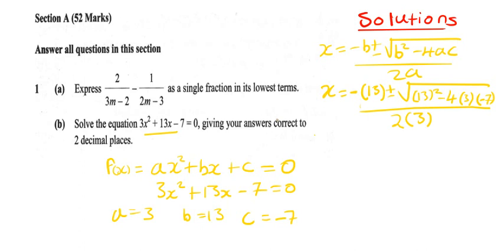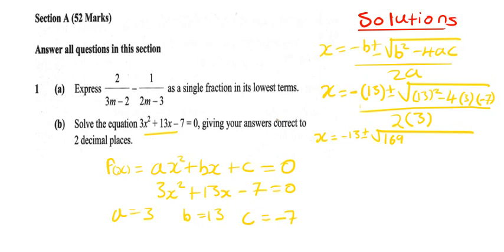In short, you say x is equal to negative times 13, it is negative 13, positive or negative the root of what? 13 squared. So you can grab your calculator there, and then you say 13 squared is equal to 169. So you write 169, and then these that are in brackets mean multiplication. So if you want, you can show by multiplying, but it is better you put in the brackets, it will be easier.